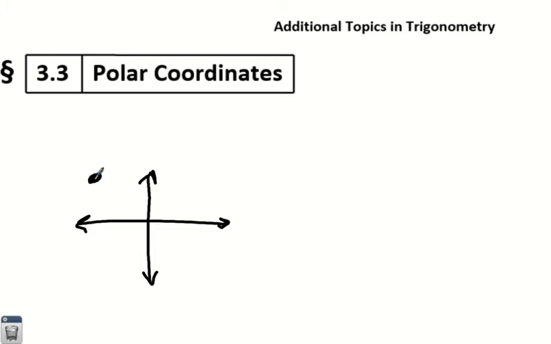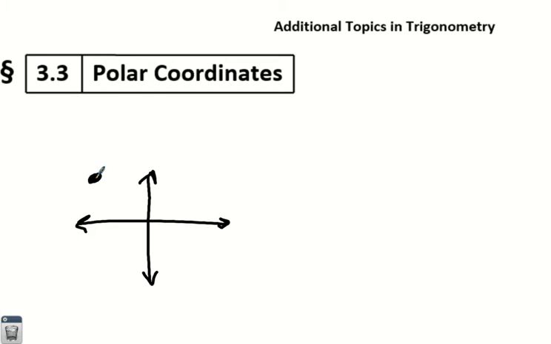How else could you describe exactly where that point is without essentially using x, y coordinates? Feel free to pause the video if you think you're up to the challenge and you think you can figure out a way if you don't already. So pause the video and then unpause it when you're ready.